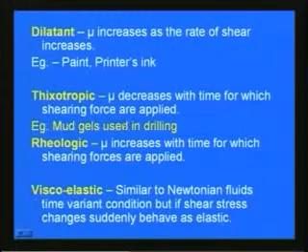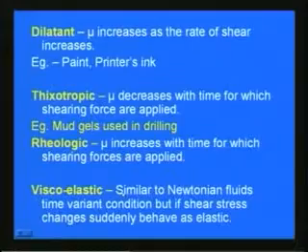For example, mud gels used in drilling can be classified as thixotropic fluids. And if mu increases with the time for which shearing forces are applied, that kind of fluid is called a rheopectic fluid. And if the shear stress changes suddenly and the fluid behaves elastically, that kind of fluid is called viscoelastic.